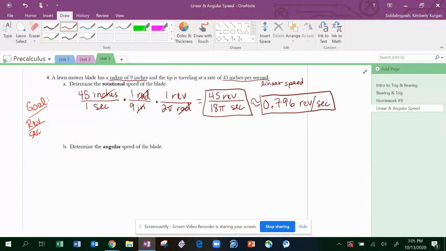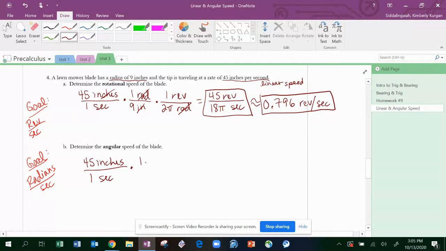Okay, let's take a look at part 2 of this problem. Now we want an angular speed. So angular speeds are radians per unit of time. So this is going to be radians per second. And so let's take a look at what we have. I'm just going to start back with that 45 inches per second, and I want to get to radians per second.